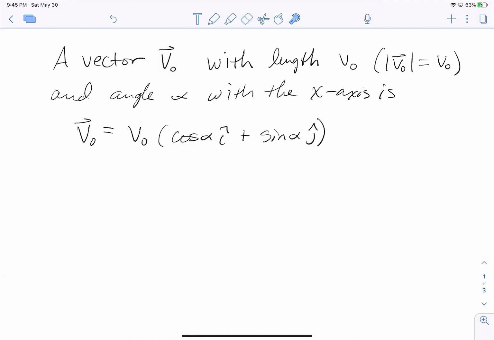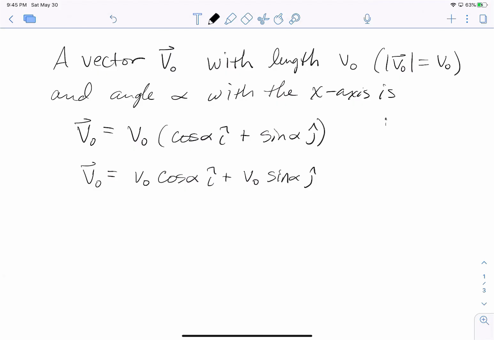Notice that in the parentheses, the cosine of alpha i plus the sine of alpha j is a unit vector, and the scalar v naught gives it its magnitude. So the vector v naught can be written as v naught times the cosine of alpha i plus v naught times the sine of alpha j.